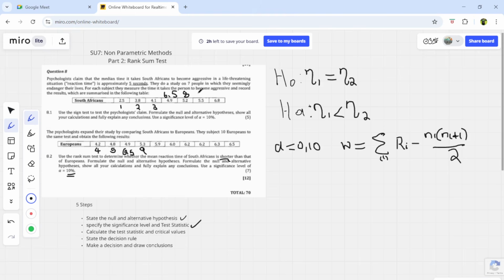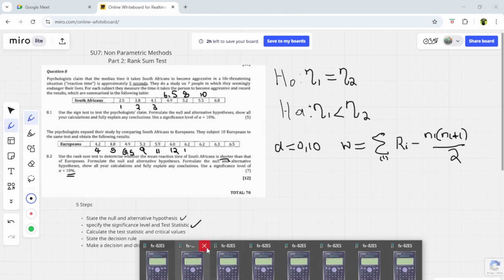This one is going to become ranking number 10, 5.5, ranking number 10. And then 5.9 is going to become ranking number 11. This will be ranking number 12. And then these two, they have the same number, so it's going to be ranking number 13 plus 14 divided by 2, which is equal to 14.5.